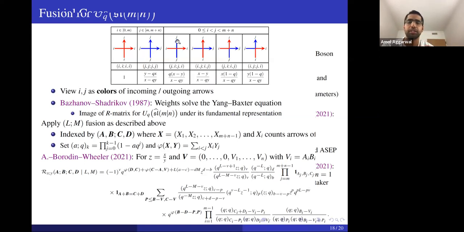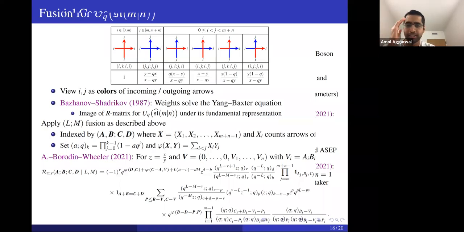The other 4 weights are fairly similar to what you saw in the 6 vertex case. I think the difference is maybe I set u equal to y over x, but otherwise it's the same. So I have this fundamental R matrix, which is basically the image of the R matrix for U_q(sl-hat(m|n)) under its fundamental representation.